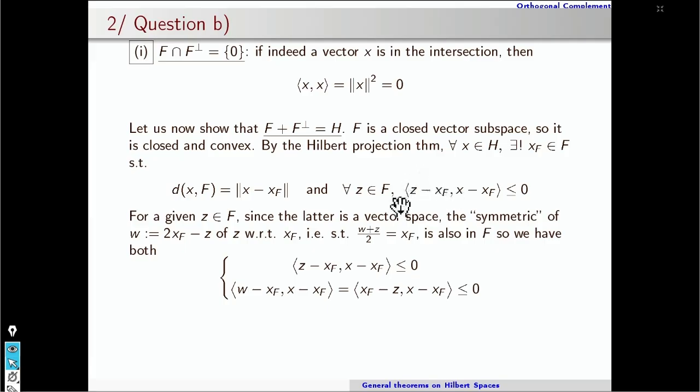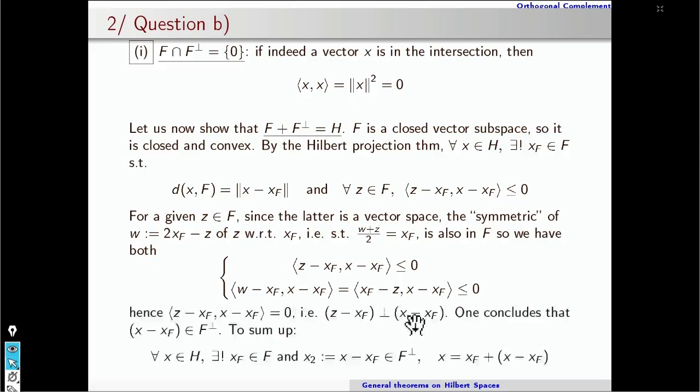So we have this inequality, and if we consider w minus xF, here we are left with only one term, and xF minus z is exactly the opposite. So we have two quantities that are opposite and that both have to be negative. It means that they have to be equal to 0.